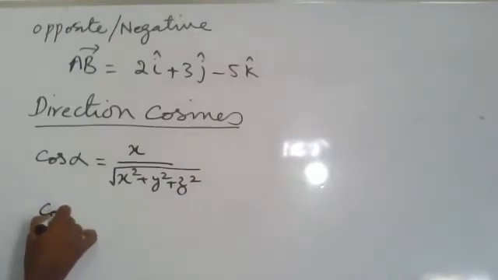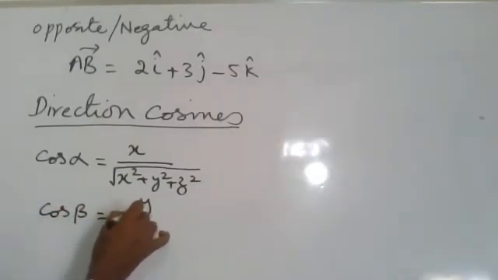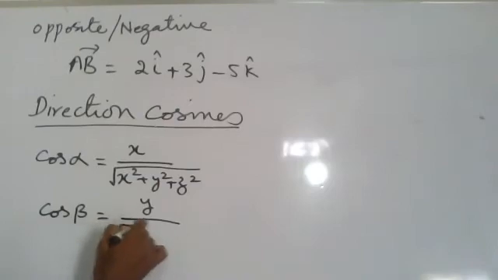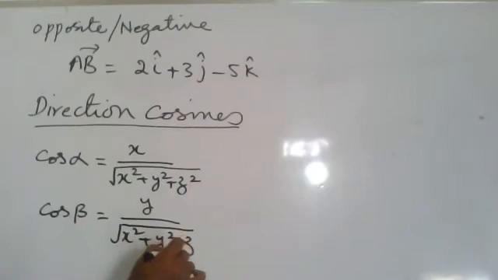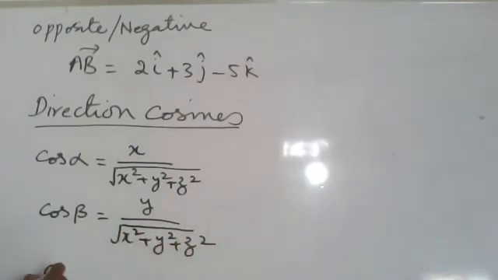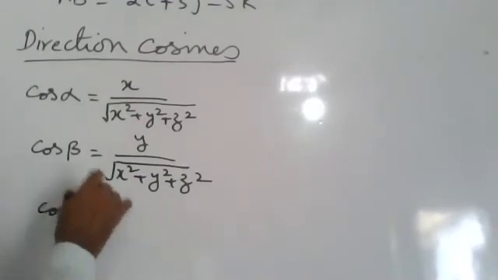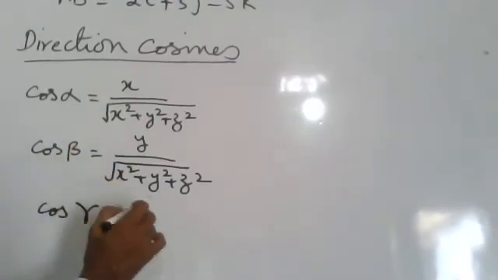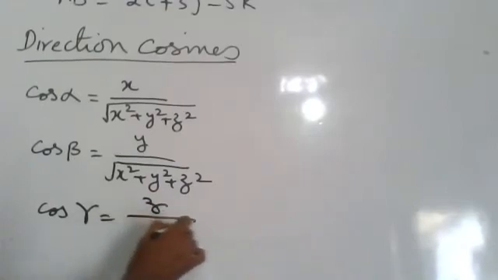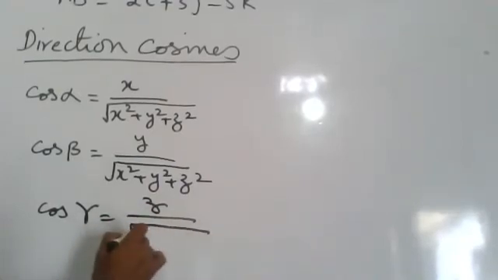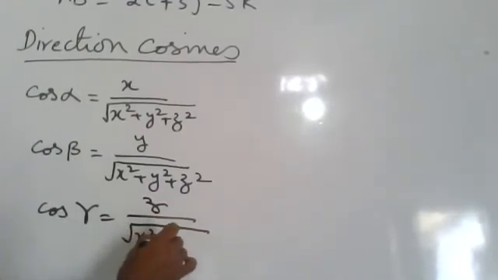In the same way, cos beta is y upon the magnitude of the vector, root of x square plus y square plus z square. Cos gamma: gamma is the angle with the z-axis, so z upon root of x square plus y square plus z square.